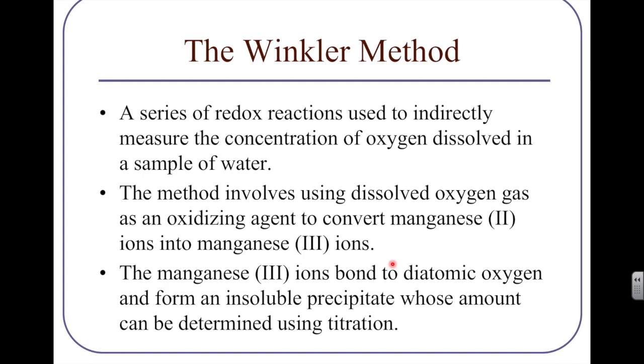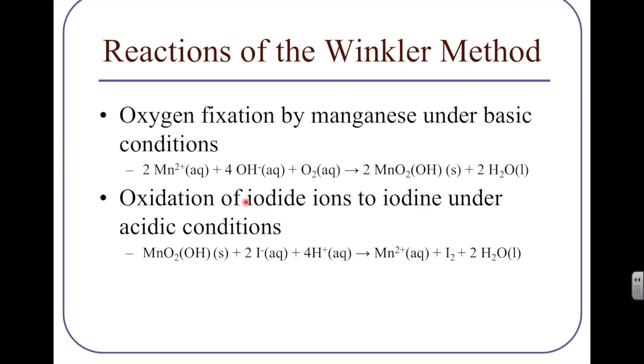Now, what you've got to know about is the Winkler Method. It is just a series of reactions that's going on. You're taking manganese and you are converting manganese 2 into manganese 3, and then the manganese 3 is bonding with the diatomic oxygen to make a precipitate. Okay, and then the precipitate is going to react with the I minus to make the Mn 2+ and the I2.